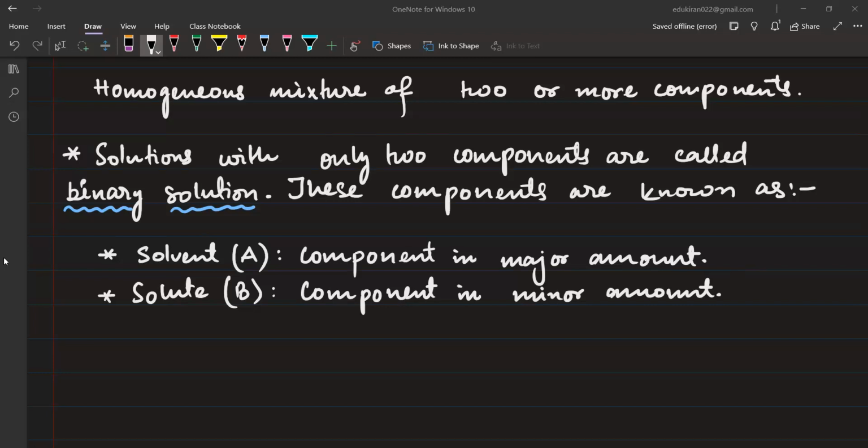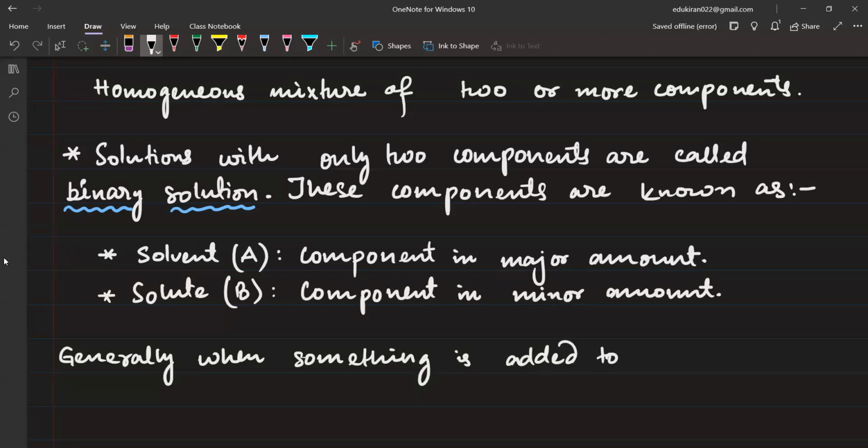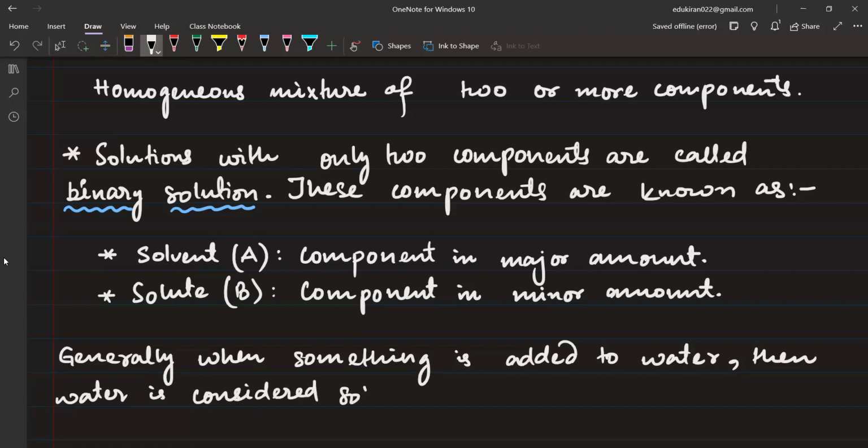Generally, I would also write one more thing: when something is added to water, then water is considered the solvent. Okay, so we generally assume water to be the solvent.